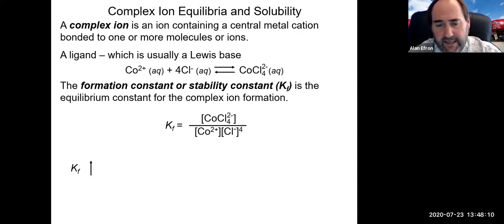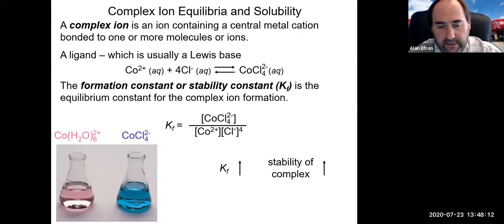And again, that's why it's called Kf. One thing we see is that as the Kf value increases, the stability of the complex ion also increases. The idea is like a normal equilibrium: if we have a large value of K, that means when we reach equilibrium, we should mainly have products.